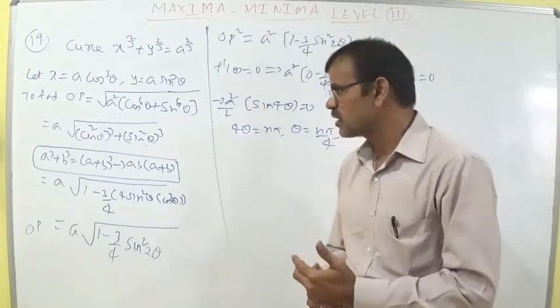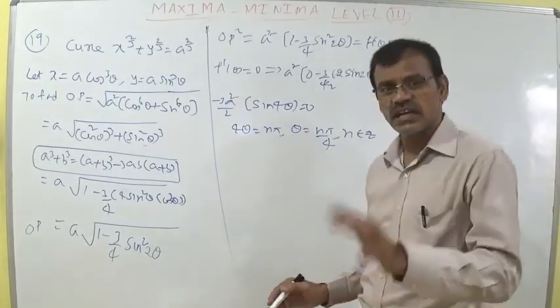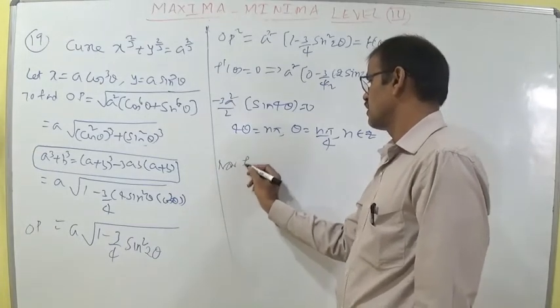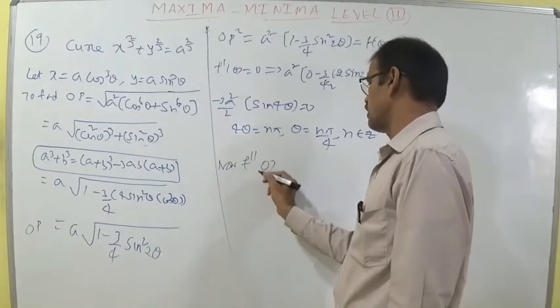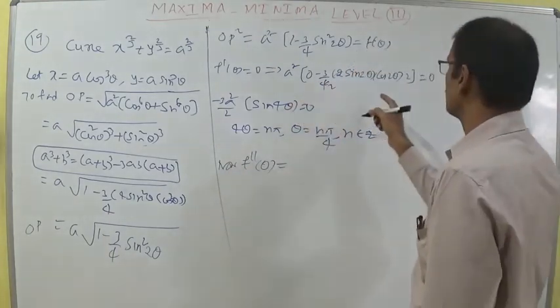So how should we do it, sir? How can we get the value? We should calculate the second derivative also. This is the original process. So now I am writing f double dash of theta.